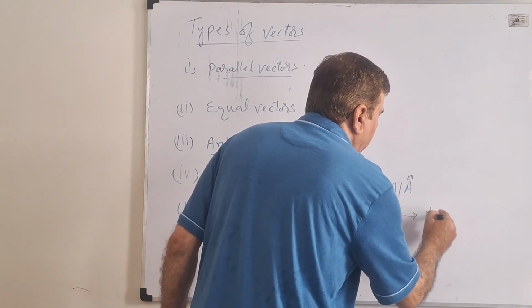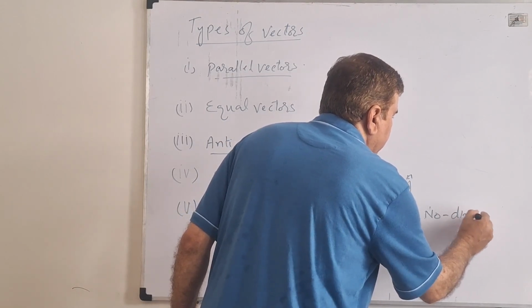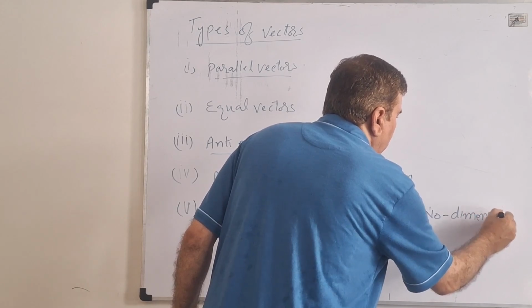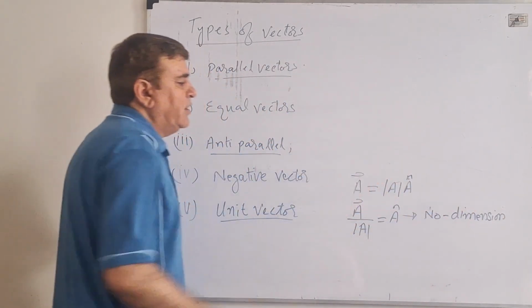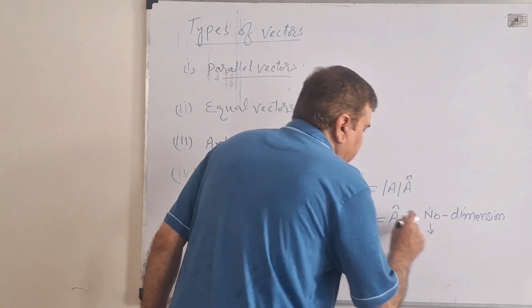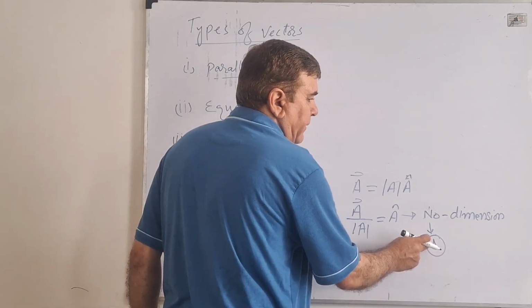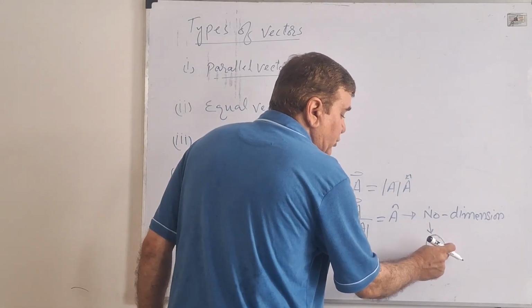Remember, this is very important. No dimension means we don't use any unit to measure the vector, but the magnitude of this is always equal to 1. This 1 is a number with no unit.